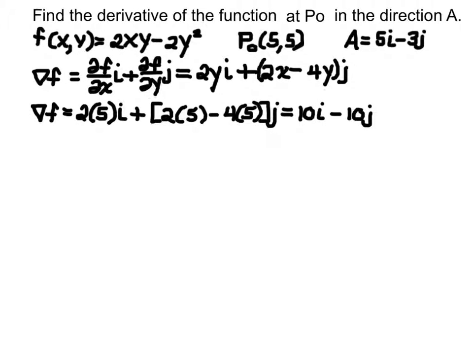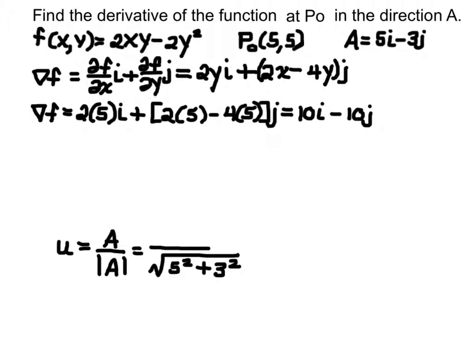Now we're going to find the unit vector u, which is a over the magnitude of a. The magnitude of a is the square root of 5 squared plus 3 squared, and a, which we have up here, is 5I minus 3j.